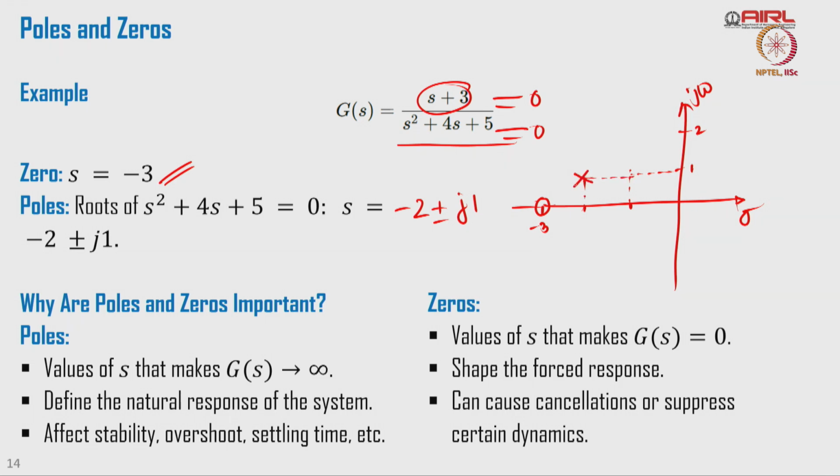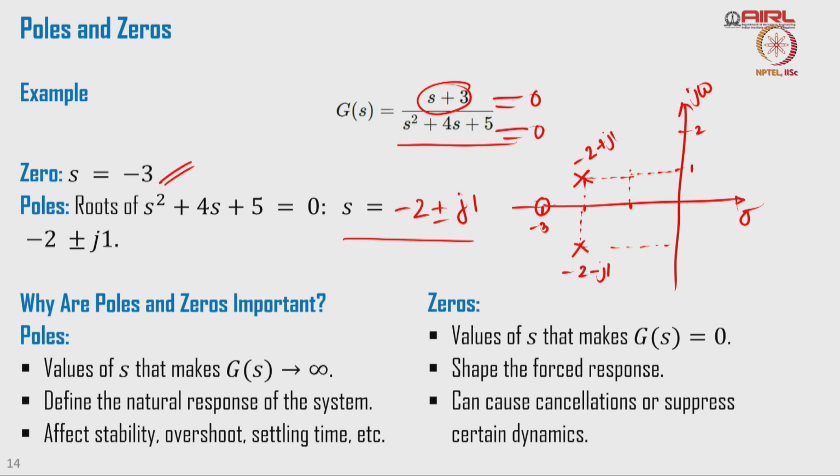So, here we have one pole and here we have another pole. This is a complex root, so it will have a counterpart here: minus 2 plus j1 is here, and we get minus 2 minus j1 here. Now, why are the poles and zeros important?